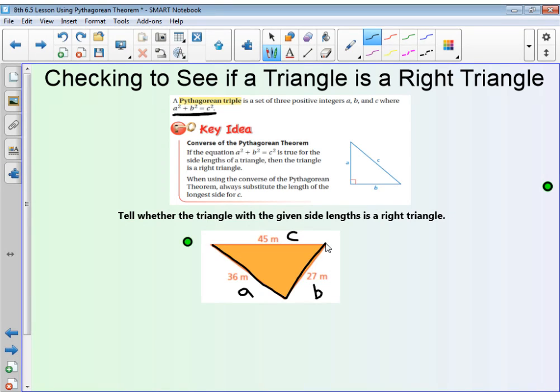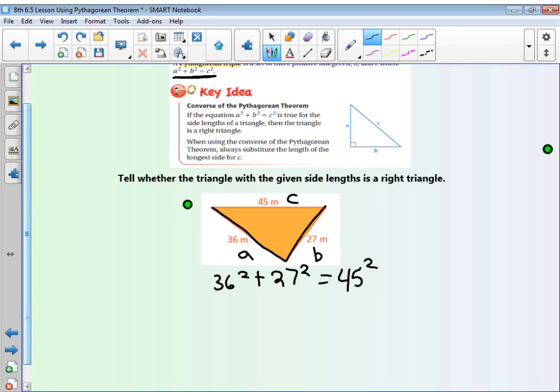Okay, so A squared is 36 squared, plus B squared is 27 squared, and that equals C squared, which they're telling us C is 45. So we're going to go through and simplify this all out and see if those two sides equal each other.